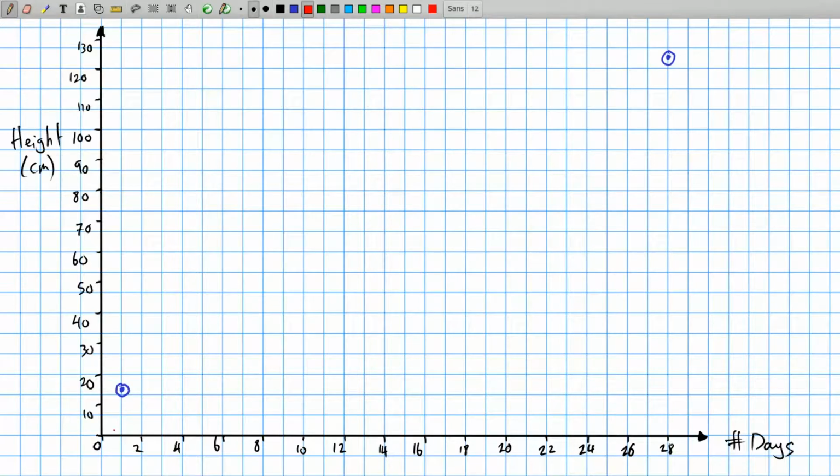Secondly, plant B was 24 centimeters on the first day. So that's about there. And ended up being 118.5 centimeters, so that's slightly lower than 120, somewhere around there. So because these are lines, you join them up.